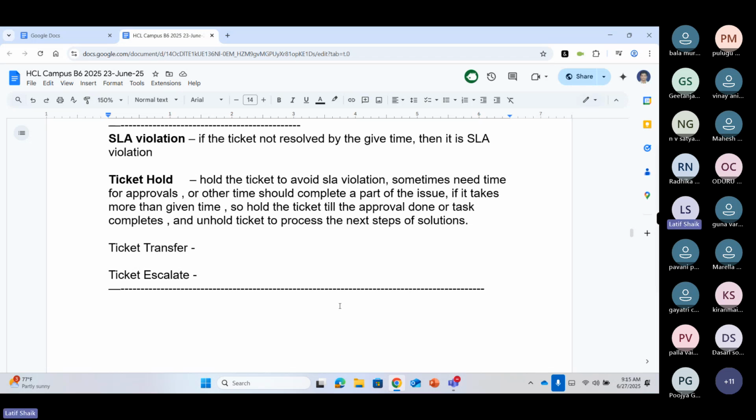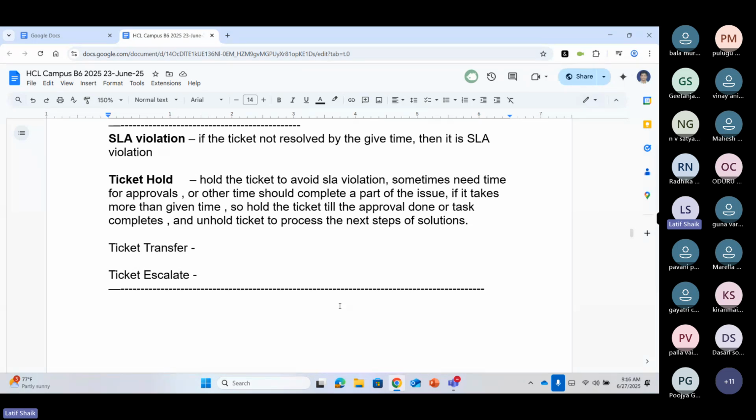Different reasons are there for SLA violations, so depending on it, you have to process it also. Generally, SLA violations are very few, unless a technician's laziness, or an IT employee makes some mistakes or overlooks something. But generally it won't happen.